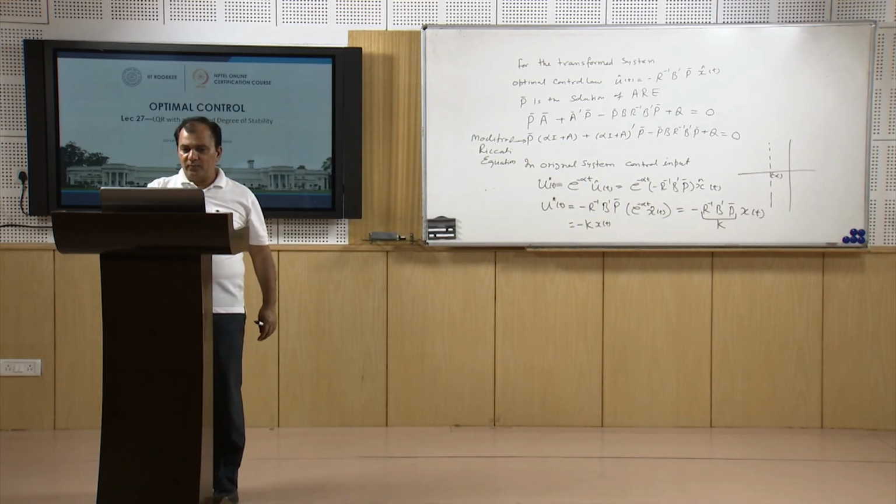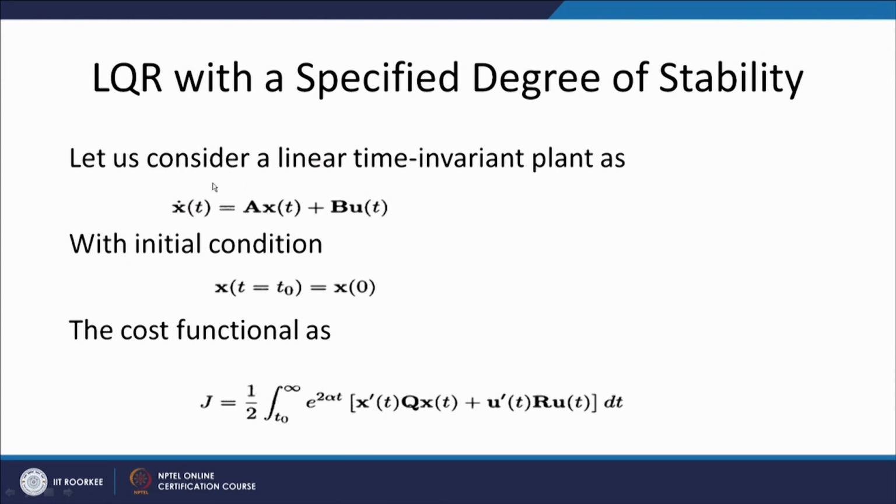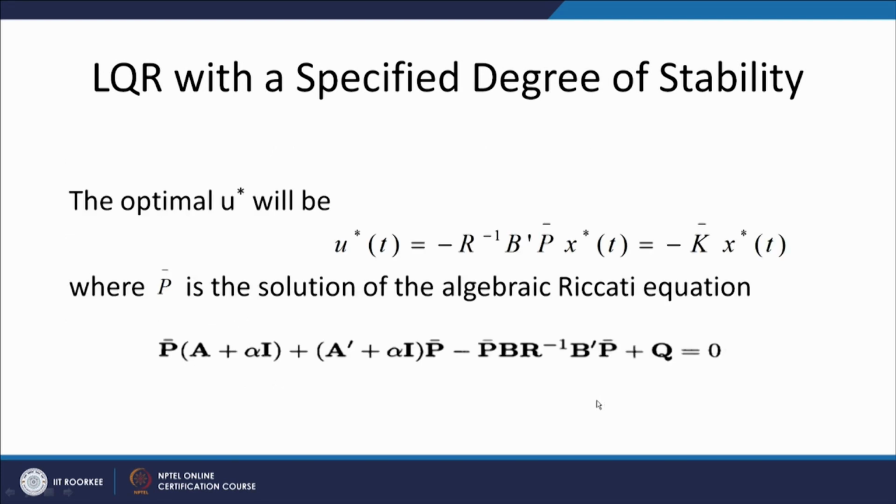Just to summarize, if we want to find the optimal control law for the given system x dot t equals A x t plus B u t, which will minimize the performance index J, the integral of e to the power 2 alpha t times x prime Q x plus u prime R u, then my u for the original system will be minus R inverse B prime P bar x of t, which is nothing but minus K x t, where P bar is the solution of my modified Riccati equation, and this solution will ensure that all poles lie to the left of the line minus alpha.